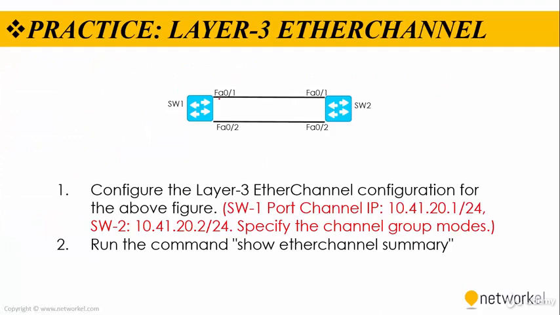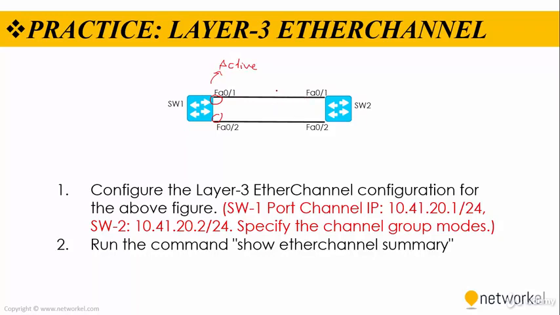I disabled the switchport features first for fast Ethernet 0/1 and fast Ethernet 0/2. Then I choose a channel group mode, which is active for this side.